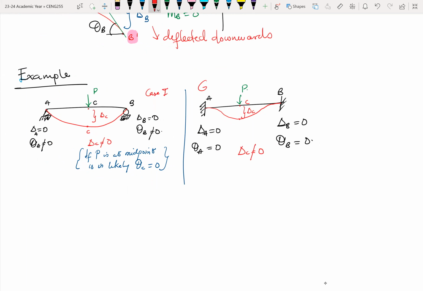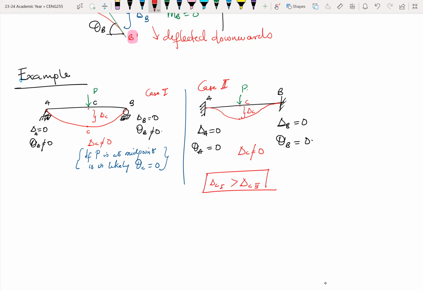Let's say this is case one, and let me call this case two. So it's the same structure, but different loading and different support conditions. Okay. And later we'll come to understand that the displacement at C for case one is greater than the displacement at C for case two.